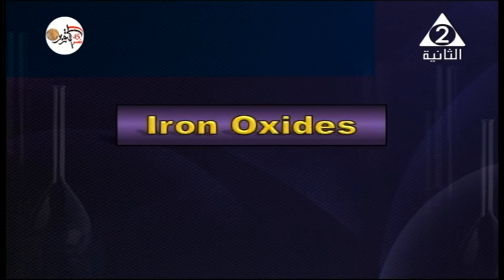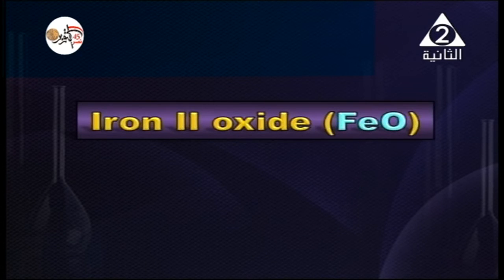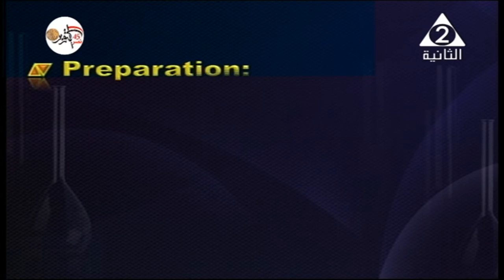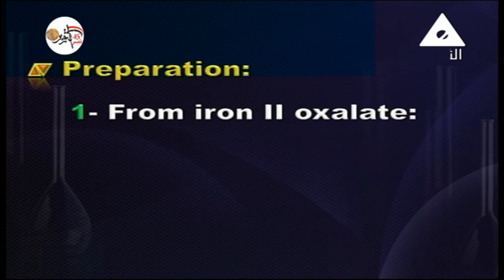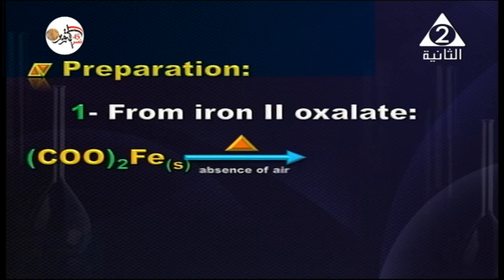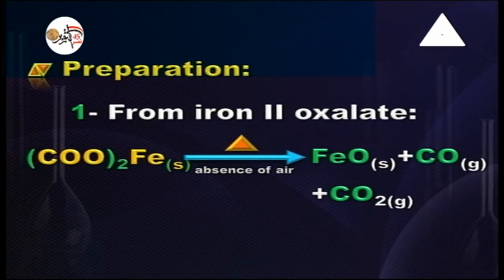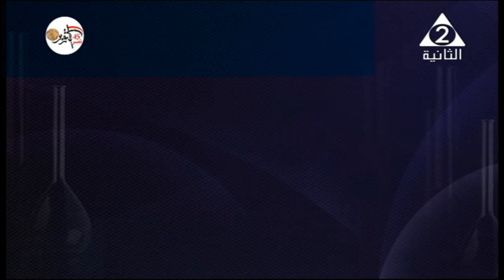Now we are going to discuss the iron oxides. The first oxide we are going to discuss is iron 2 oxide, FeO. Iron 2 oxide is prepared by heating iron 2 oxalate in the absence of air. As the equation proceeds on the screen, it gives iron 2 oxide and carbon monoxide gas and carbon dioxide gas.